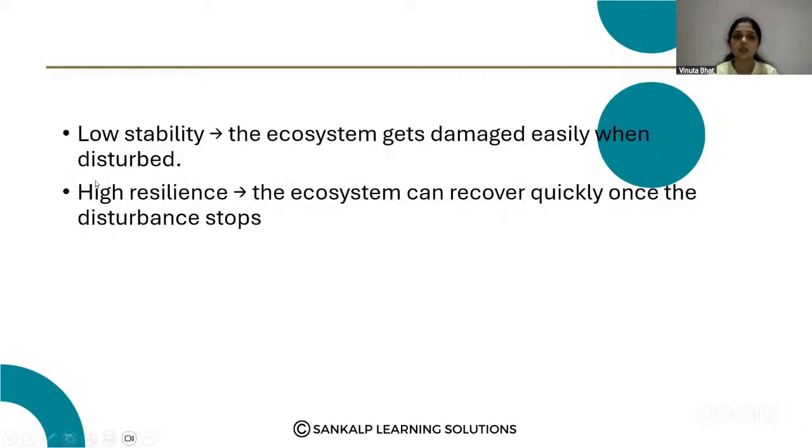So here low stability means the ecosystem gets damaged easily when disturbed. So the ecosystem has low stability because it may get damaged when it is disturbed. Then high resilience, the ecosystem can recover quickly once the disturbance stops.